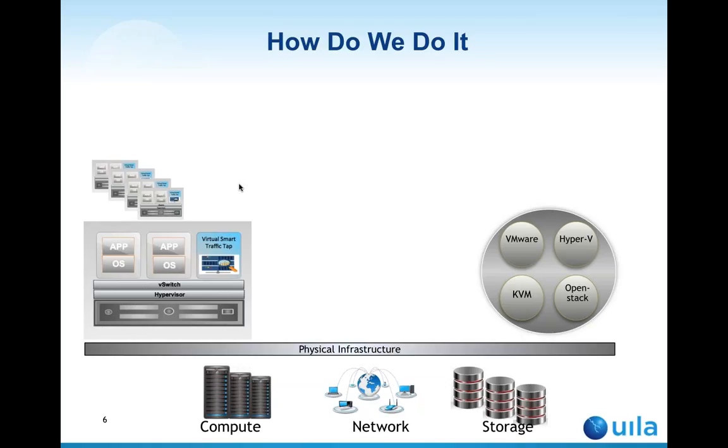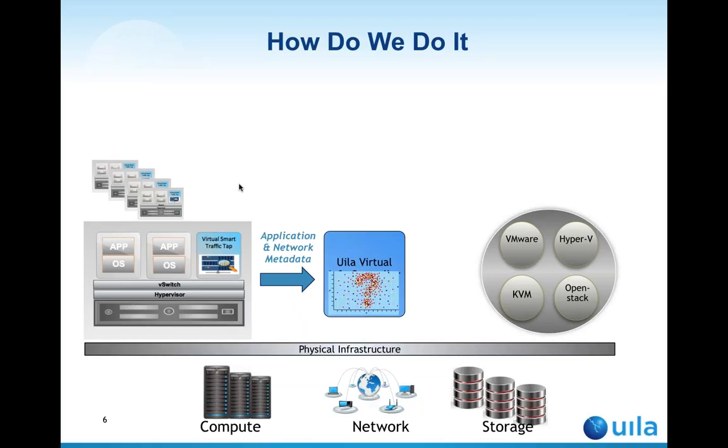Later, all the VSTs forward the application and network metadata to the second piece of Uila, what we call the Uila Virtual Information Controller. In short, it's VIC. VIC is sitting in your data center and collects information from the Virtual Smart Tap.